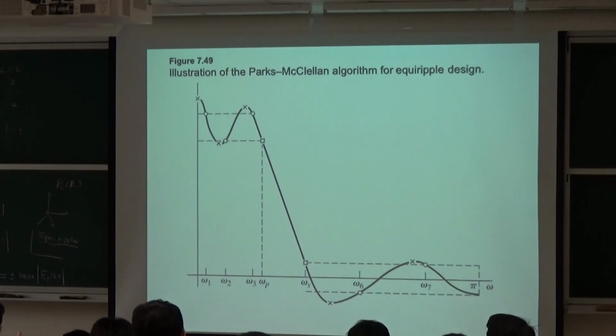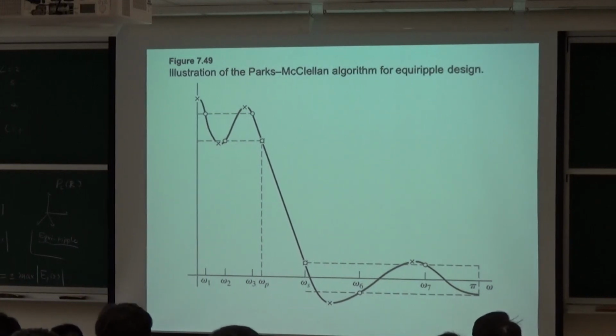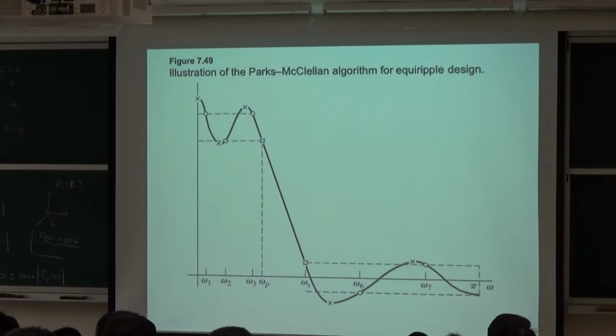Anyway, it could be 5 or 6. Let's say 6th-order polynomial. So we need to randomly guess 8 alternation frequencies because we want the final result.